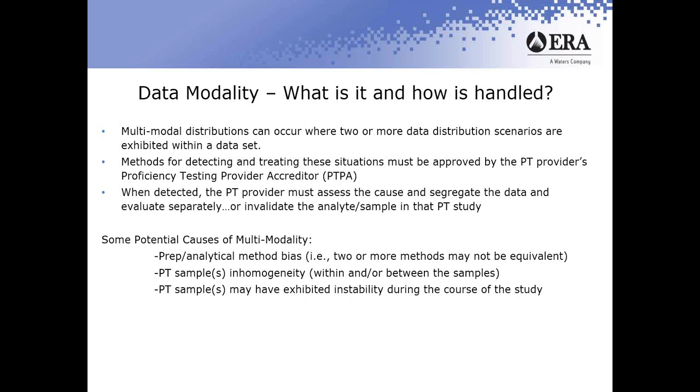So one way of looking at that is if you have one method that you utilize and it's reported with a significant number of data points that yields a bias that's, say, 10% lower than another method, you could have two distributions within a given data set.